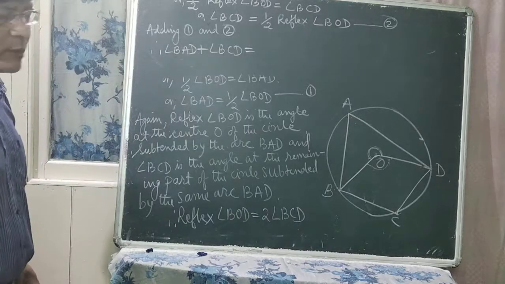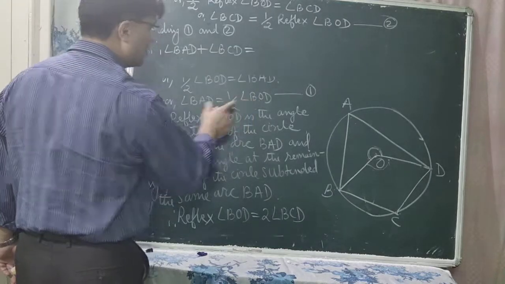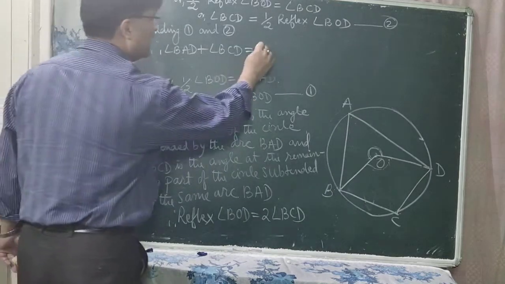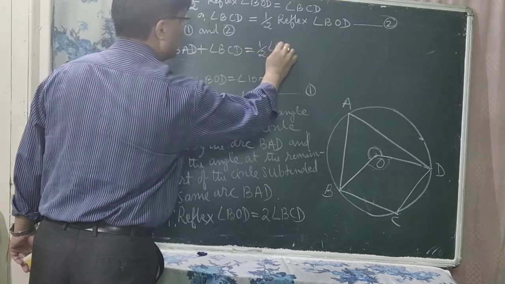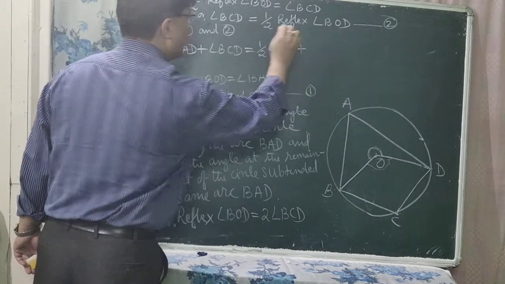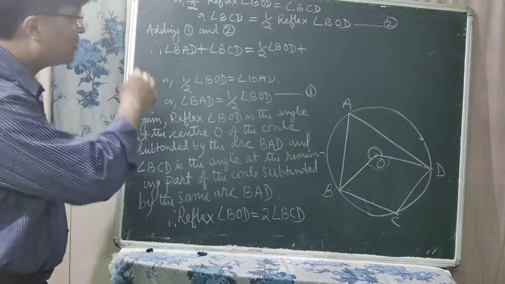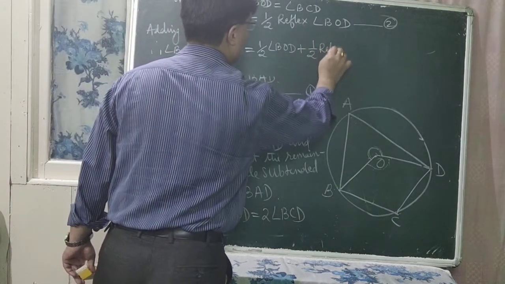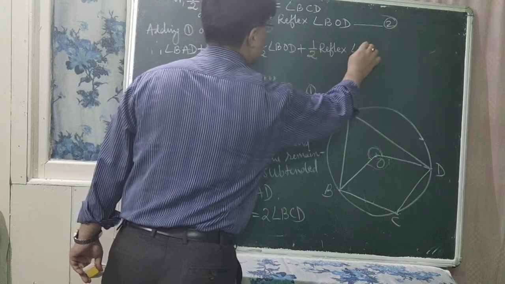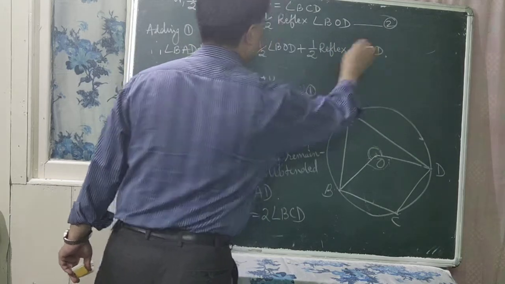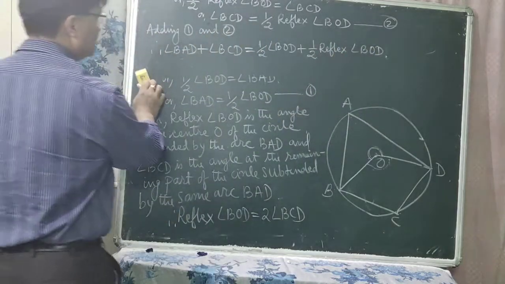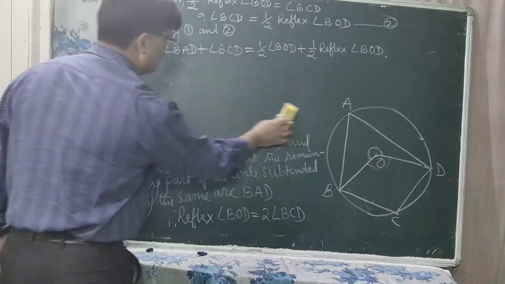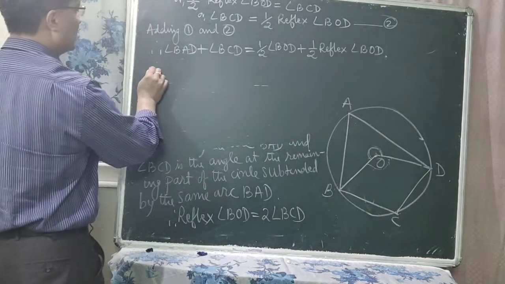Now on the right hand side, what will you write? What is right hand side on number 1? This is half angle BOD. Half angle BOD plus, next, right hand side on number 2 is half reflex angle BOD. Is that clear? So now we can add them.